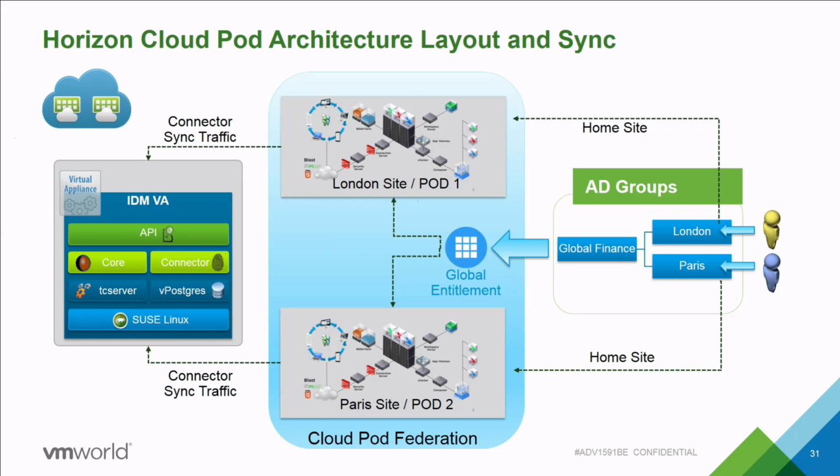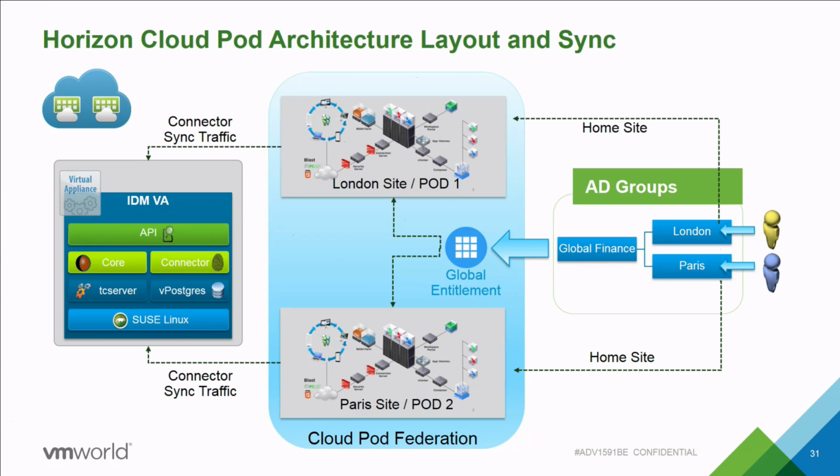So what we did with Cloud Pod architecture is we basically create two autonomous Horizon setups, or Horizon pods, if you will. And like we know universal groups in Active Directory, we create global entitlements. So in a single pod environment, you have local entitlements.